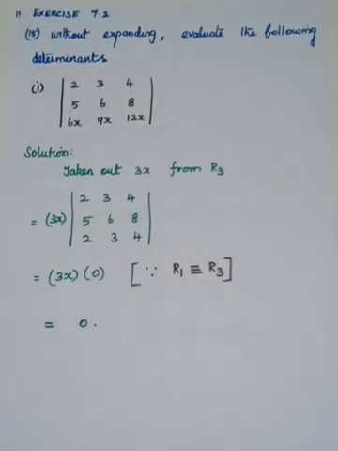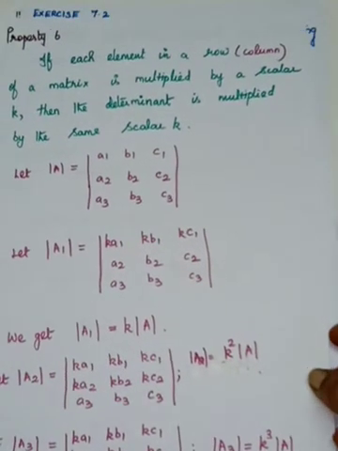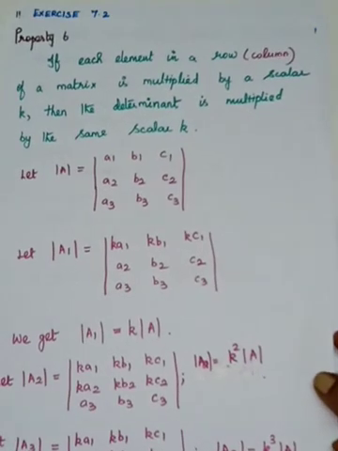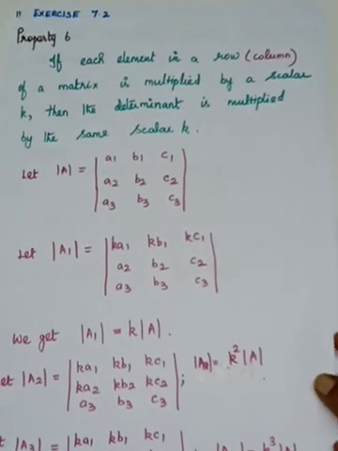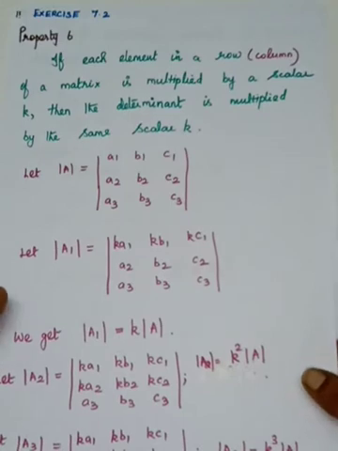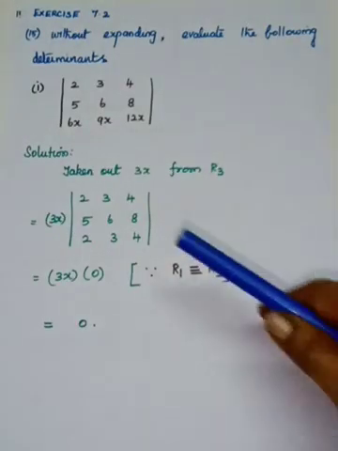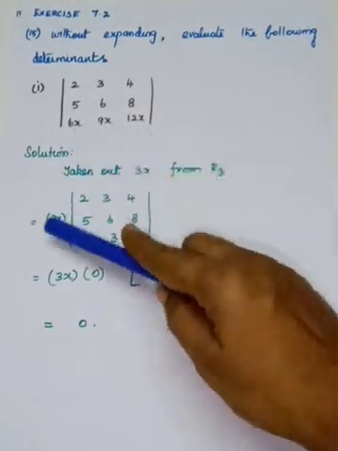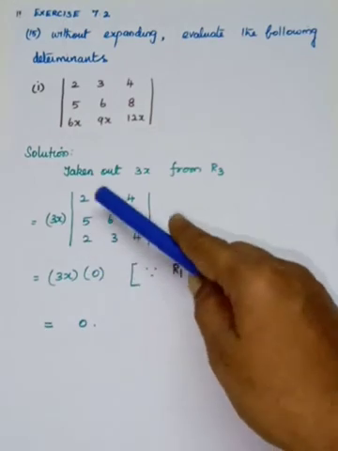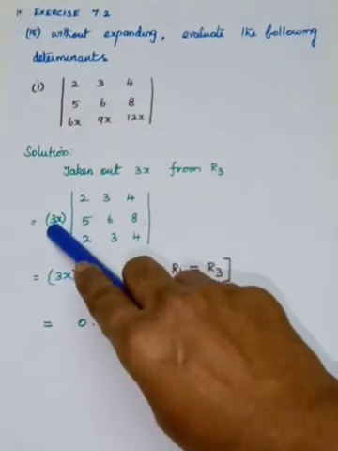Okay, and next, property 6: each element in a row is multiplied by the scalar k, and the determinant is also multiplied by the same scalar k. Using this property, we have taken 3x out, because the value of the determinant is also multiplied by 3x.